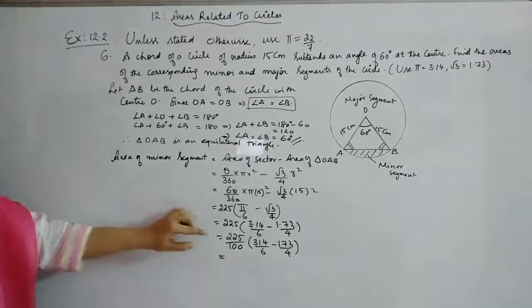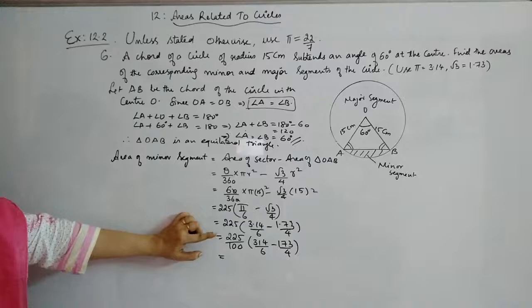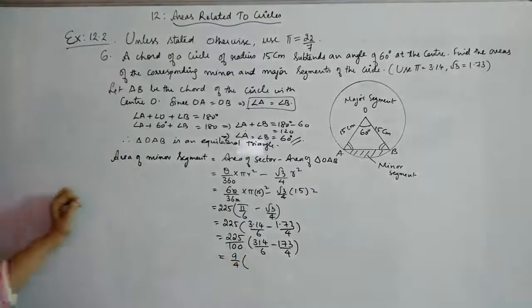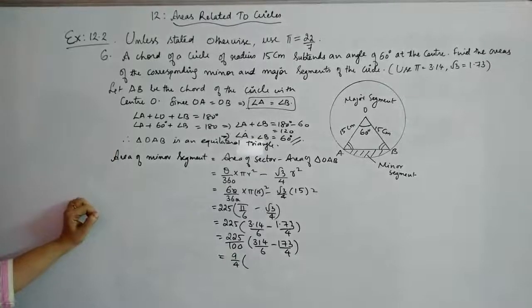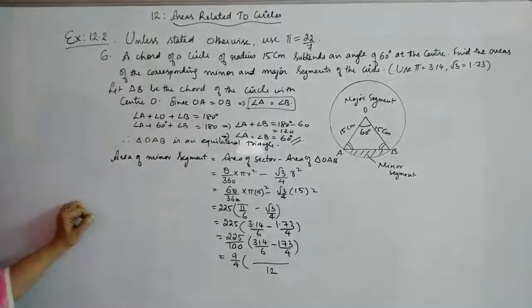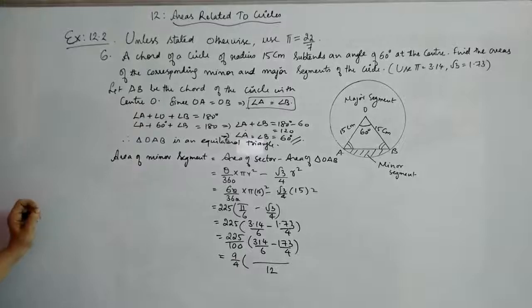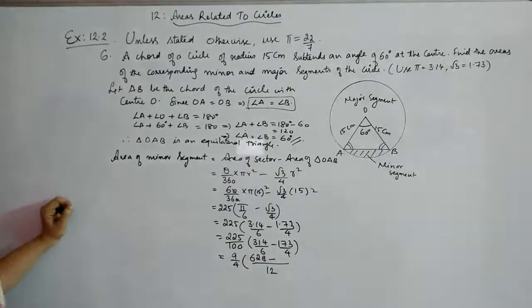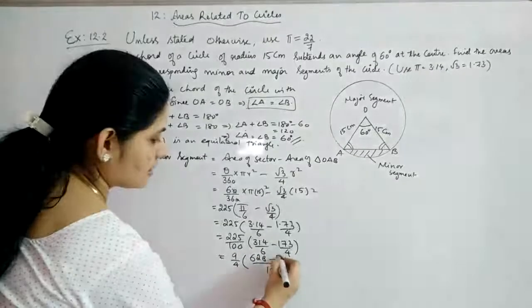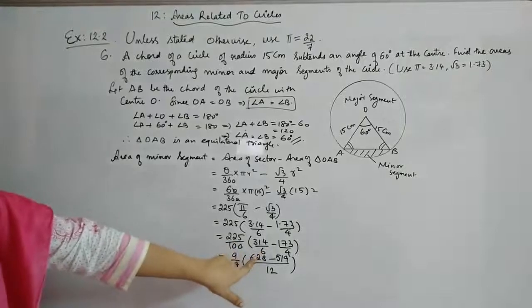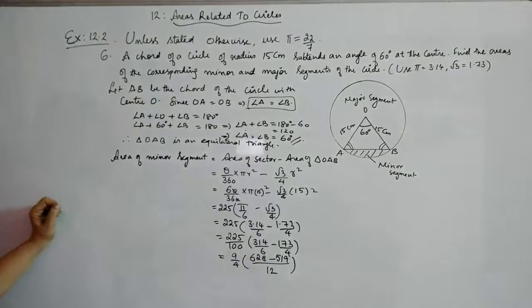And 225 by 100 will give you 9 by 4 into, again taking the LCM, you will get 12 as the LCM, and in the numerator the first term will be 628 minus the next term 519. Simplifying, that is subtracting, you will get 109 in the numerator.